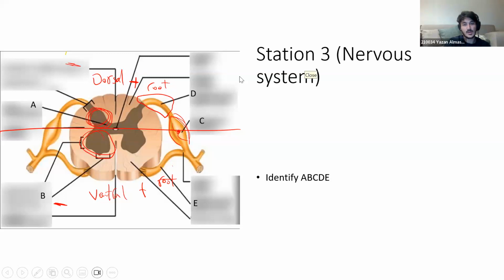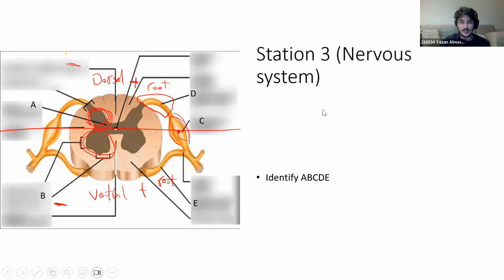What type of neuron is in the dorsal root ganglion? Pseudo-unipolar, perfect. Whoever answered pseudo-unipolar, you're right.